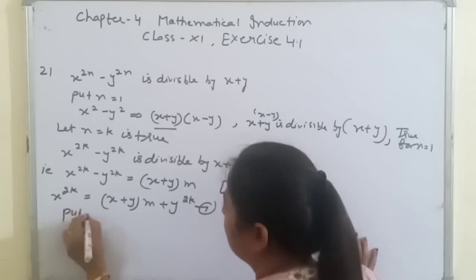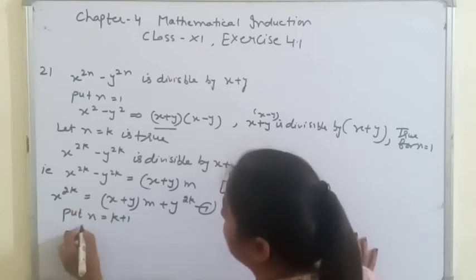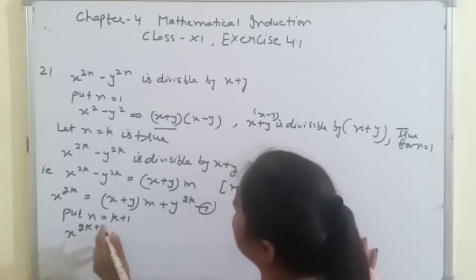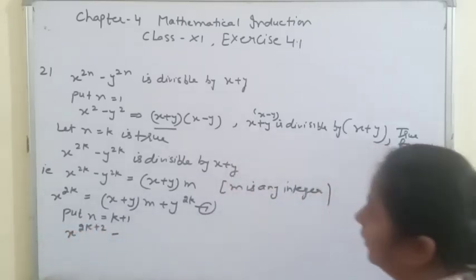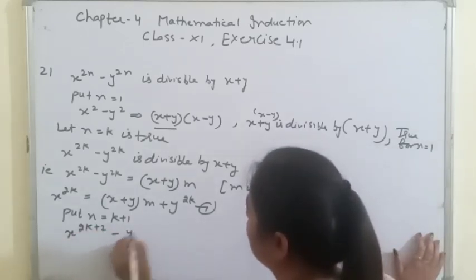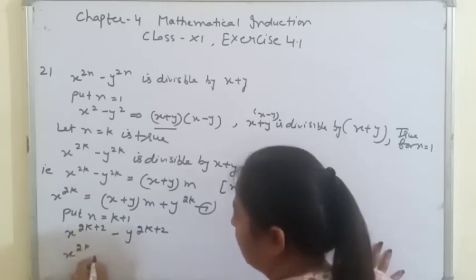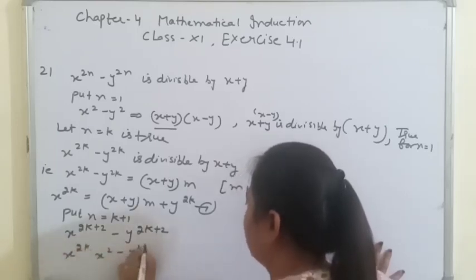Put n equal to k plus 1: x^(2k+2) minus y^(2k+2). When we substitute k plus 1 in place of n, it becomes x^(2k+2) minus y^(2k+2). Yes, we can write here x^(2k) into x^2, y^(2k) into y^2.